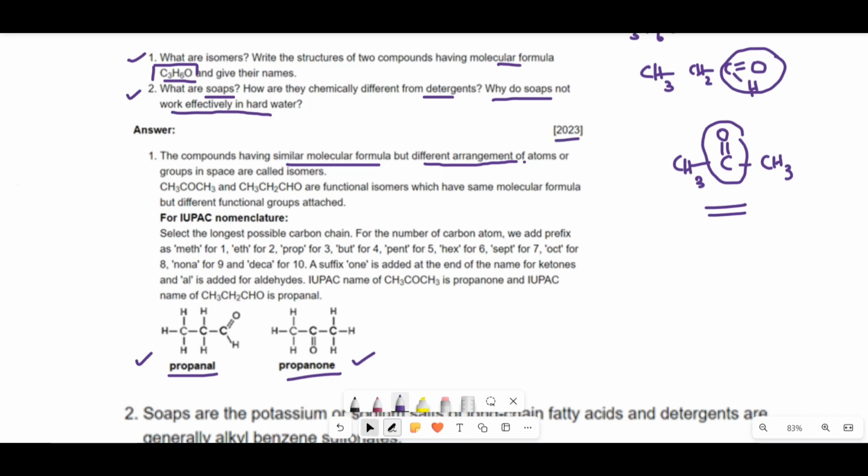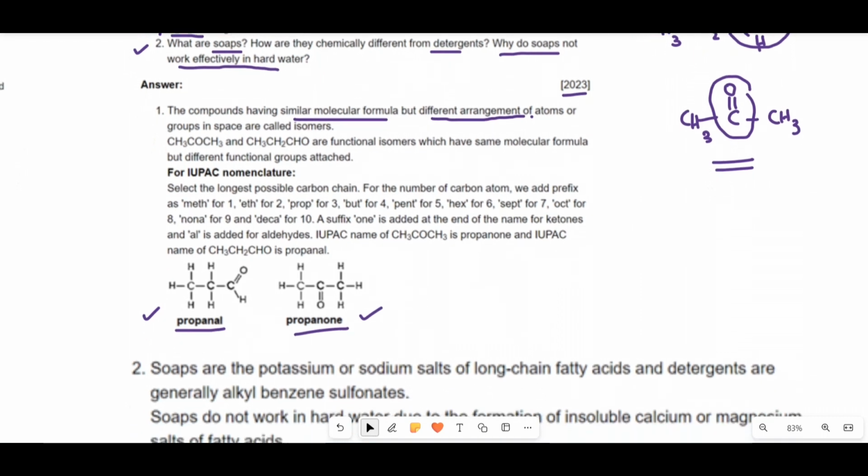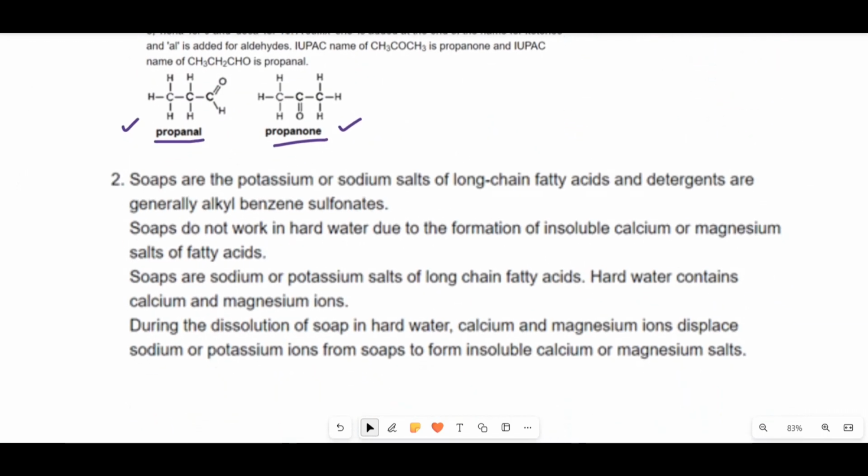Now we will look at the difference between soaps and detergents. Soaps are sodium or potassium salt of long chain fatty acids. Soaps are potassium or sodium salt of long chain fatty acids. But detergents are alkyl benzene sulfonate.